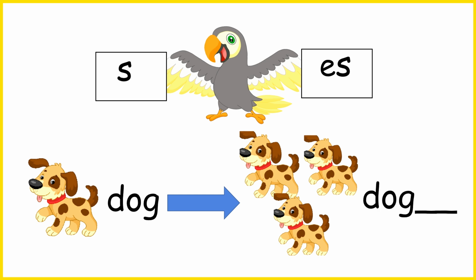Should I add an S or ES? We're going to add an S because dog ends with a G, so we only add an S.